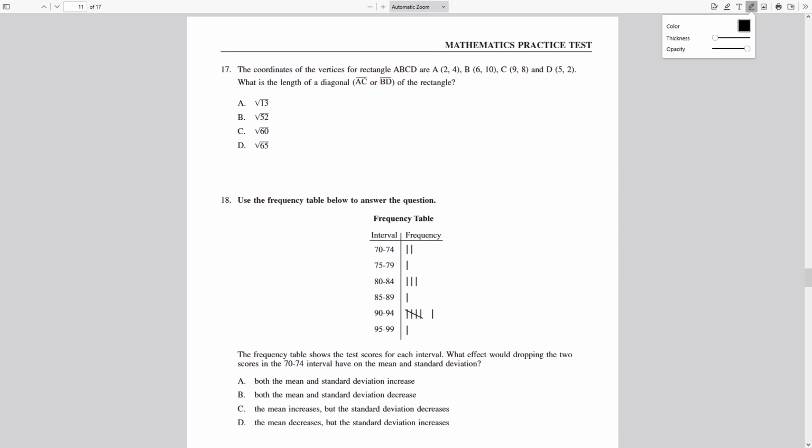Alright. The coordinates for the vertices for rectangle ABCD are 2, 4, 6, 10, 9, 8, 5, 2. What is the length of diagonal AC or BD of the rectangle? Okay. 2, 4.